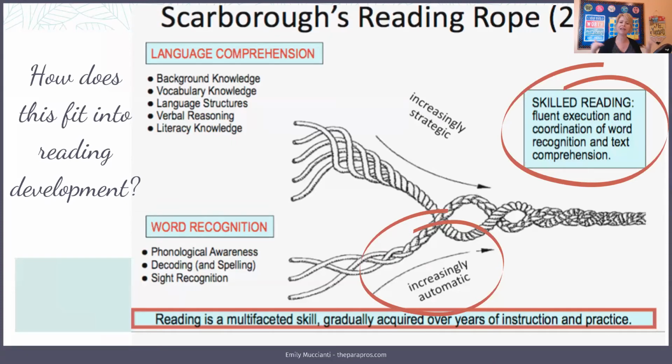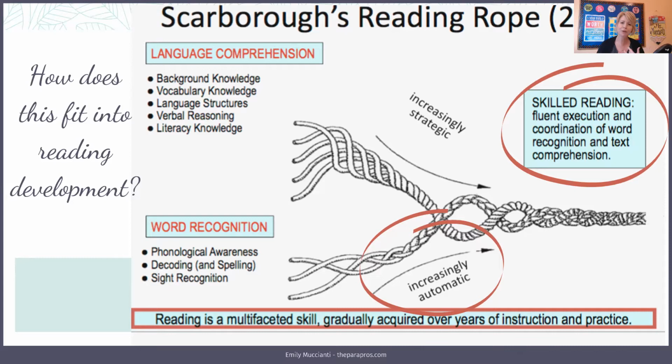Now, I've been taking you through Scarborough's Rope, and I think this is really important because this is the whole visual of how reading develops. We have all of these language comprehension skills that we need woven in with all of our word recognition skills. And again, they come together to get us to the end all be all, which is comprehension. So where does fluency fit in?